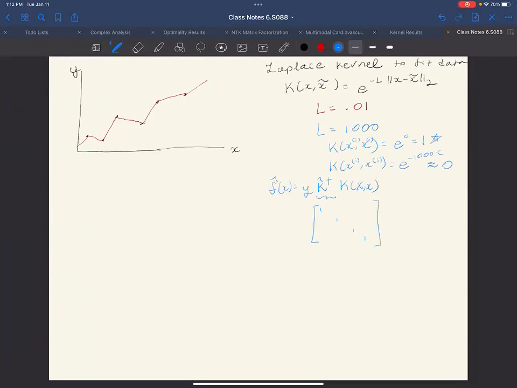On the off-diagonal terms, it's approximately 0. So K hat looks something like this, approximately 0 everywhere else. This matrix is super close to the identity, and when I invert it, it's going to look like the identity.